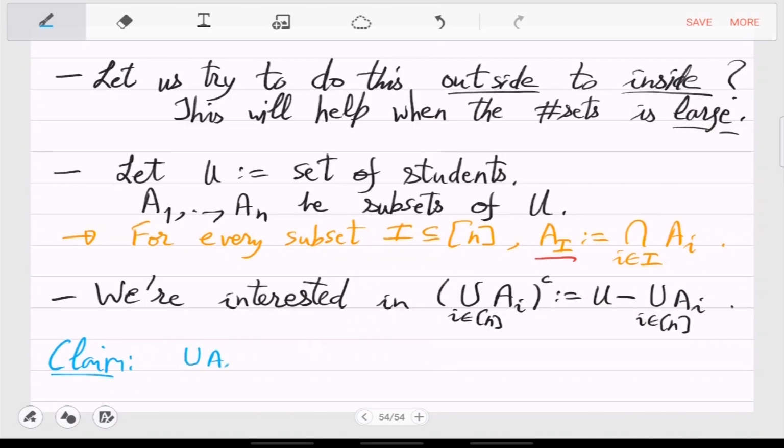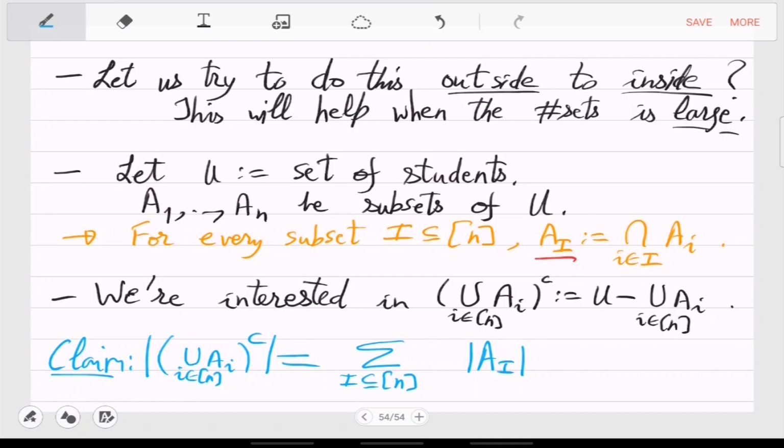So the size of the complement of the union of the A sub i's is equal to a sum over all the subsets I of the size of A sub I. And what is missing?